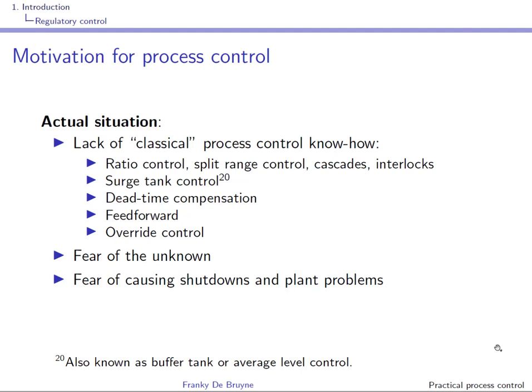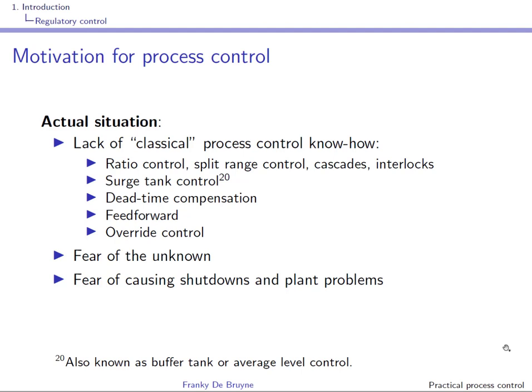Key ingredients of this knowledge are feed-forward, cascade, interlock management, split range, and so on. A systematic approach has to be used to combine these ingredients in order to obtain an adequate control structure. I really hope that this course can help.